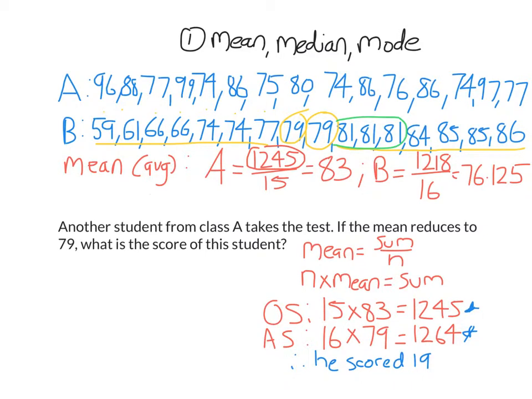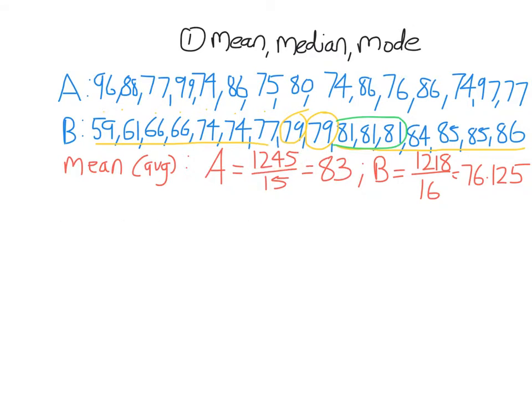Now we're going to look at skewness. Again, please pause and copy down this example if you need. So the reason we're now turning our attention to skewness is that the mean, median, or mode by themselves don't tell you much about the distribution of the scores in a class. If I tell you that the mean of a class was 83, it doesn't tell you that much.